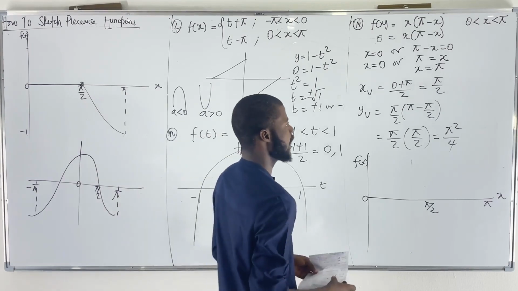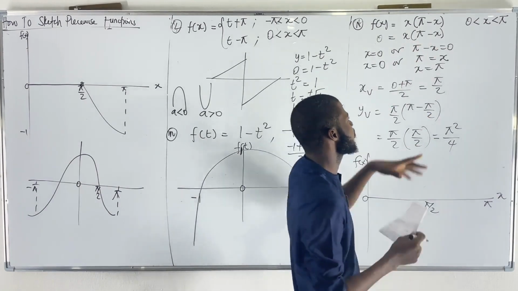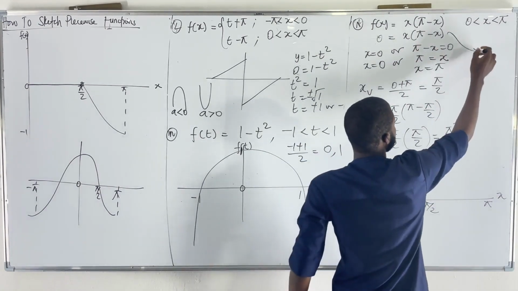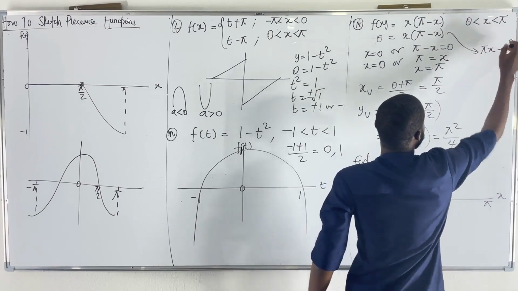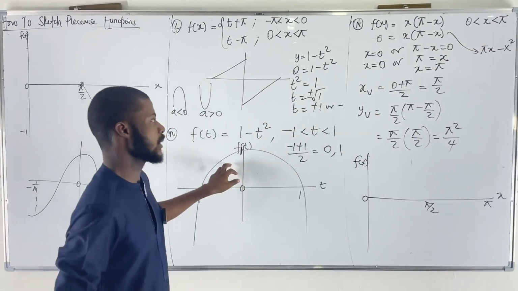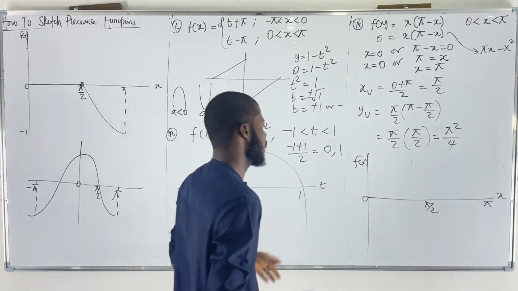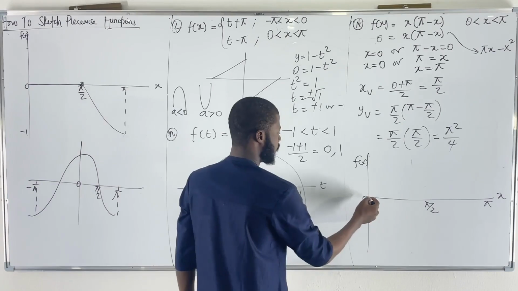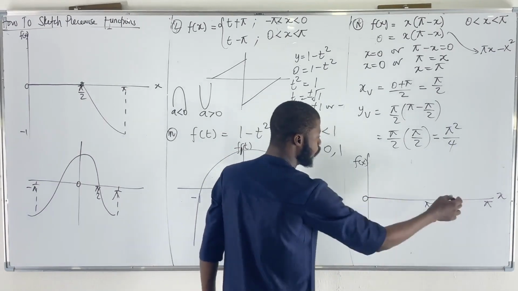So I know that upon expansion, if I expand this, I'm going to have pi x minus x squared. So my parabola will still look like this, because the x squared is negative, so it's still going to look like this. Then, since it's from 0 to pi, it's going to be like a dome.